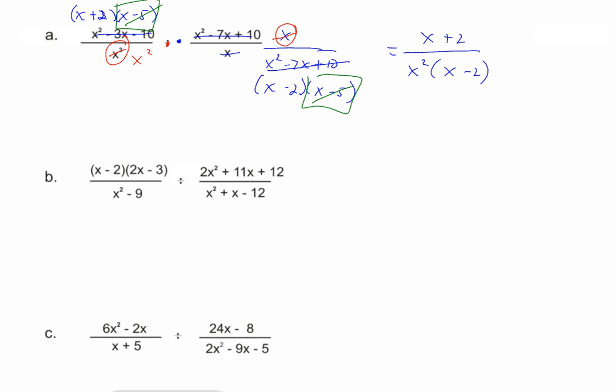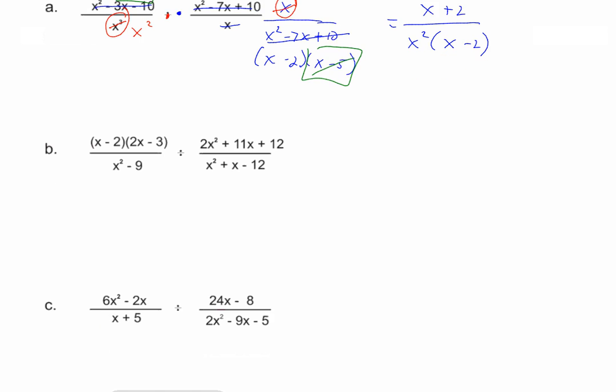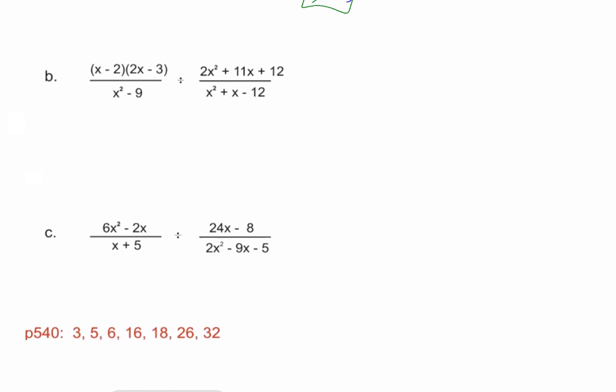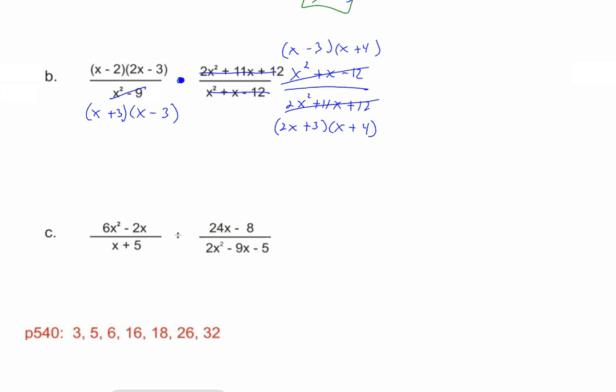Okay, try B then. Go ahead and do B. So again, you're factoring. I like to change it to multiplication and invert it before I factor, and then I'm ready to reduce. Oh, let's see. What do I got? An x minus 3 and an x minus 3.